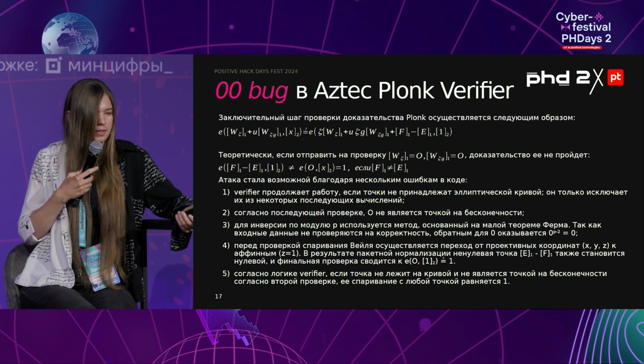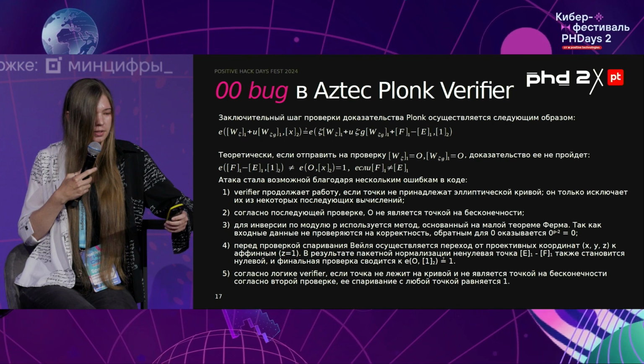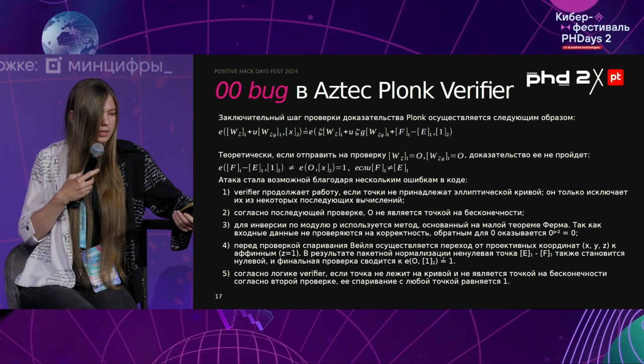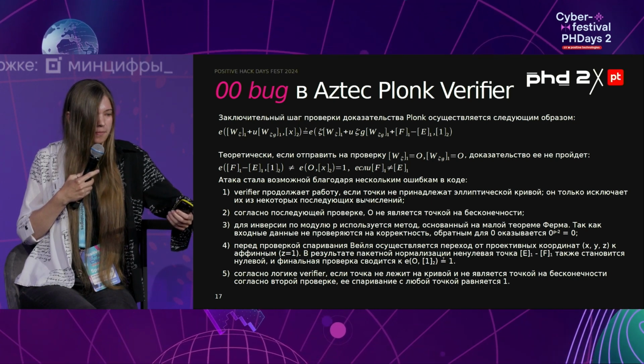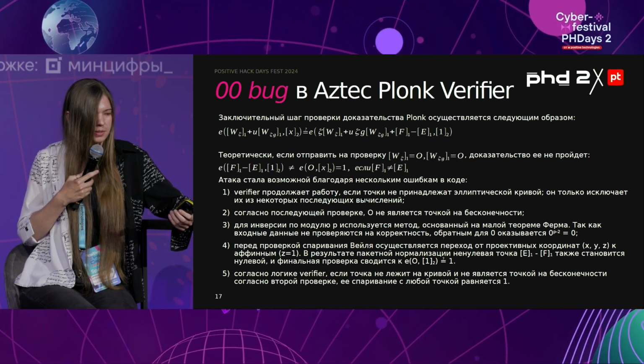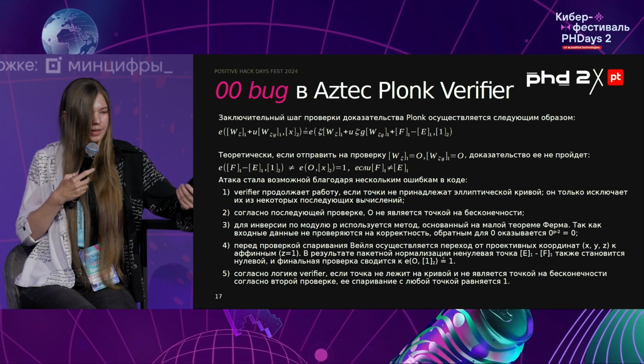First of all, the verifier continues to work if the points do not belong to the elliptic curve, but it only excludes them from the following calculations.